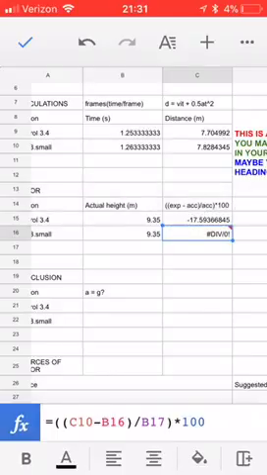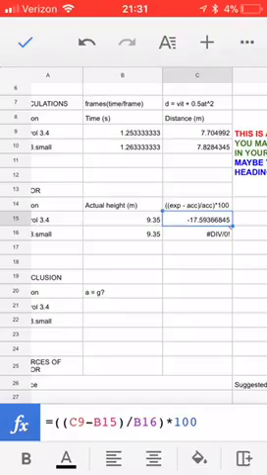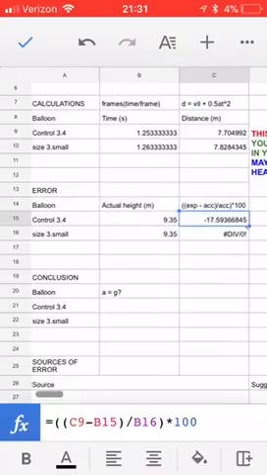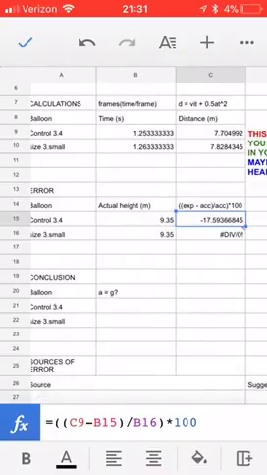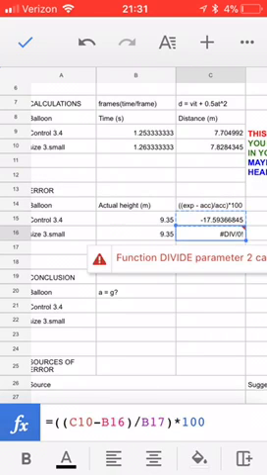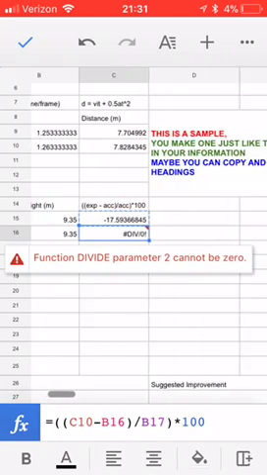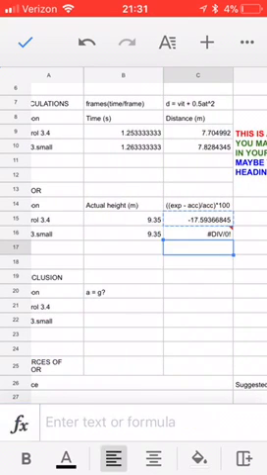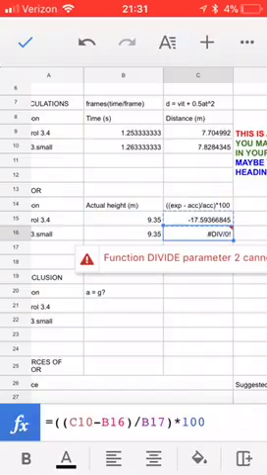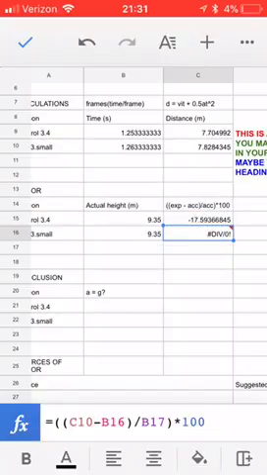This one, what did I do wrong? Should be good to go. Oh, I see here.